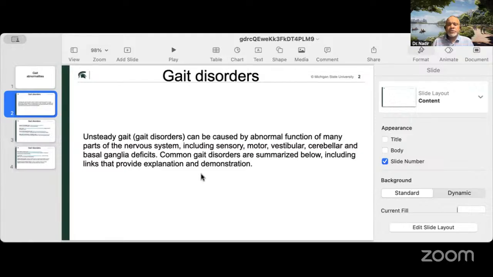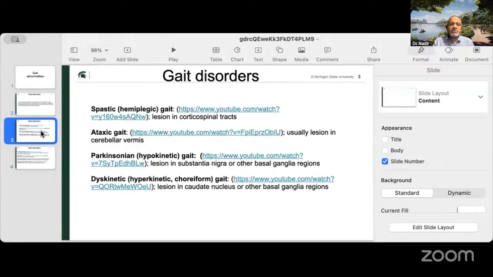Any problems with the nervous system, vestibular system, cerebellar, and the basal ganglia can also affect how we walk. So if we look at some of the tracts that might be affected, the corticospinal tract, for example, this will show as a spastic gait.